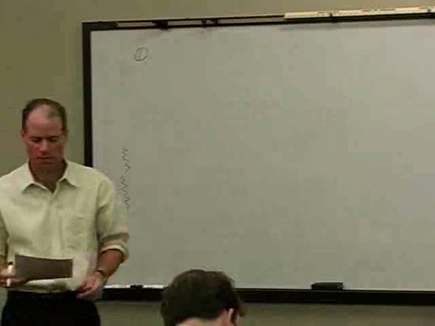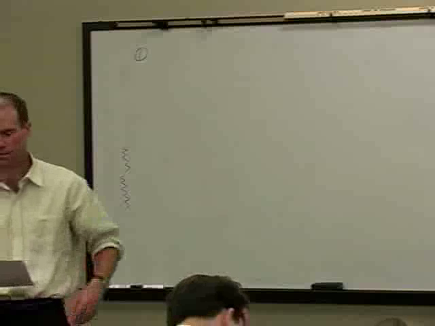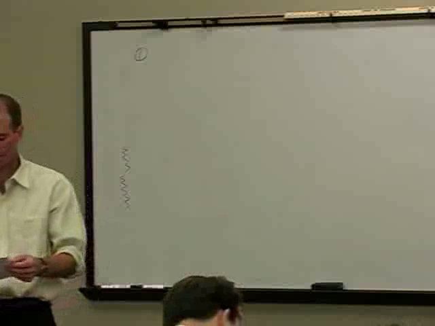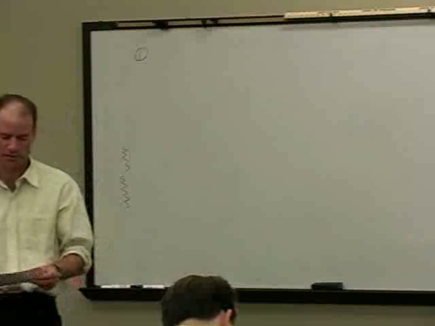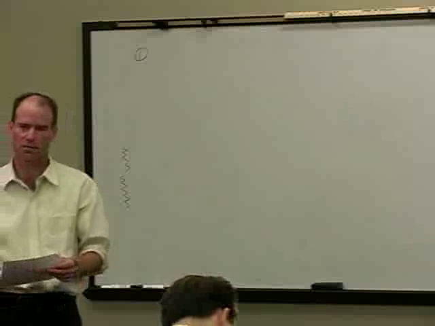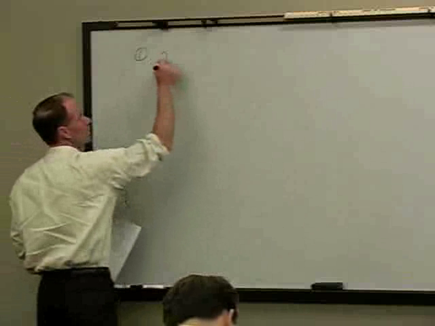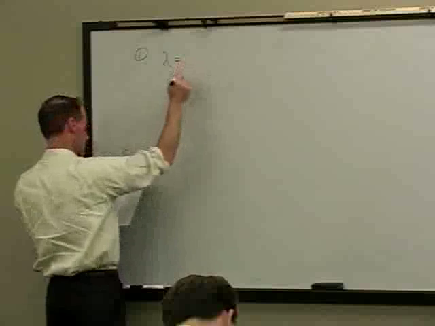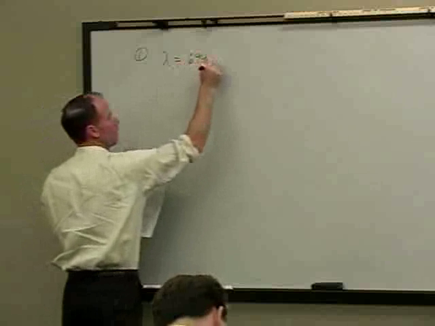A laser beam, wavelength 694 nanometers, is incident on 2 slits 0.1 millimeter apart. Approximately how far apart will the bright interference fringes be on the screen 5 meters from the double slits? The wavelength is 694 nanometers.